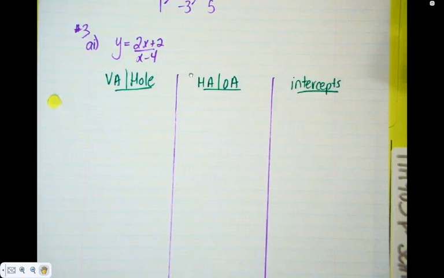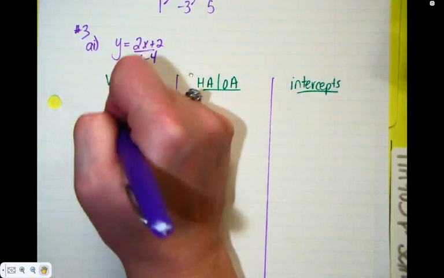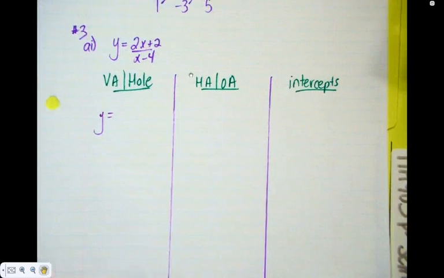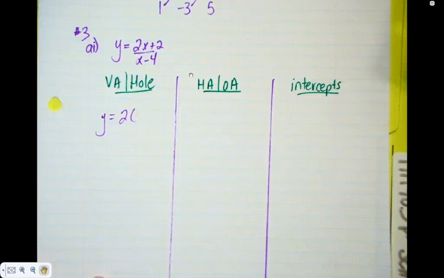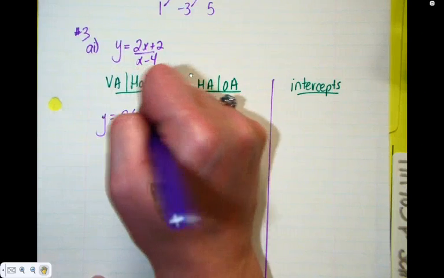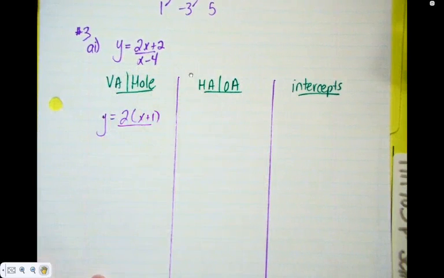Okay, vertical asymptotes and holes is what we did yesterday. What's step 1 for vertical asymptotes and holes? Factor anything you can. So can we factor the top? Yes. How can we factor it? Common factor. x plus... Can we factor the bottom?